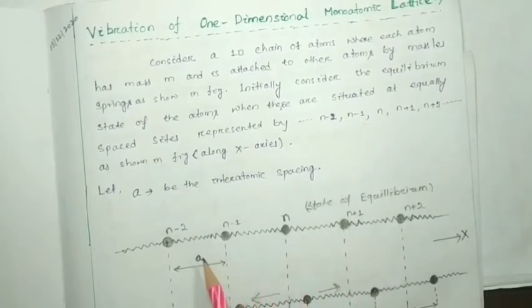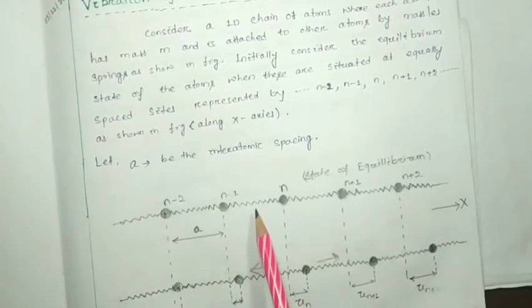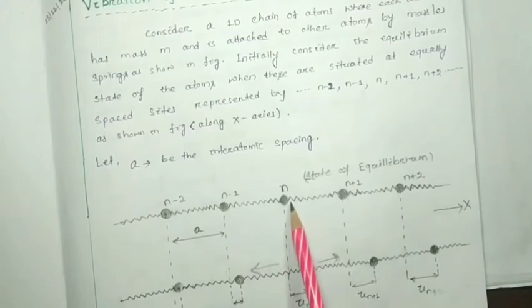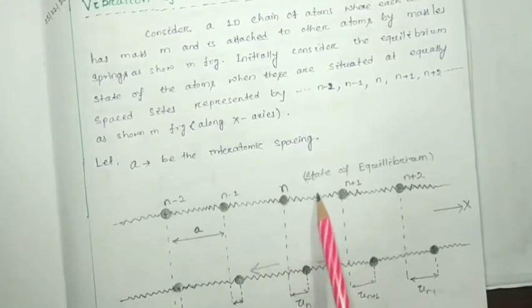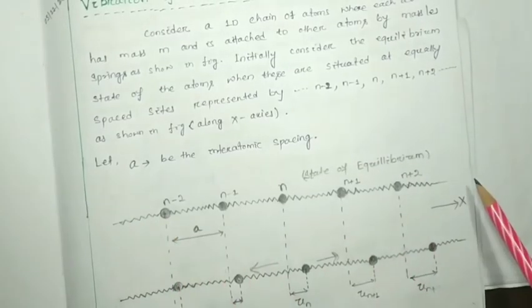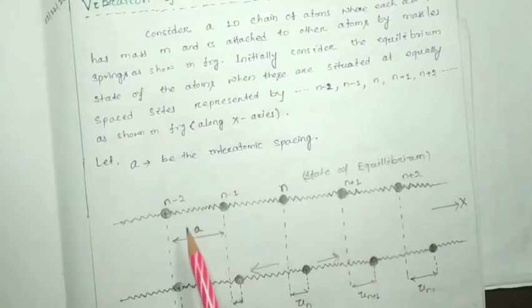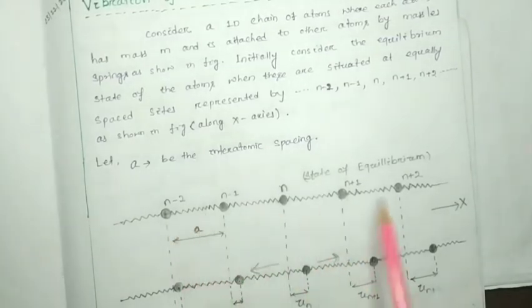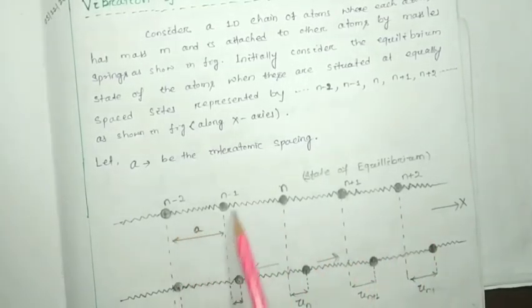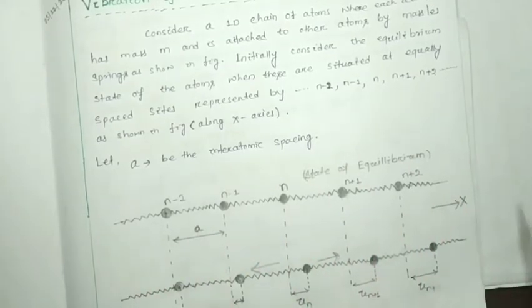But at high frequency, all the atoms are moving in different directions. This atom is moving in this direction, maybe that atom is moving in the other direction at a particular time. So at low temperature or low frequency, at a particular time all the atoms are either moving right or moving left, or we can say they are in phase.